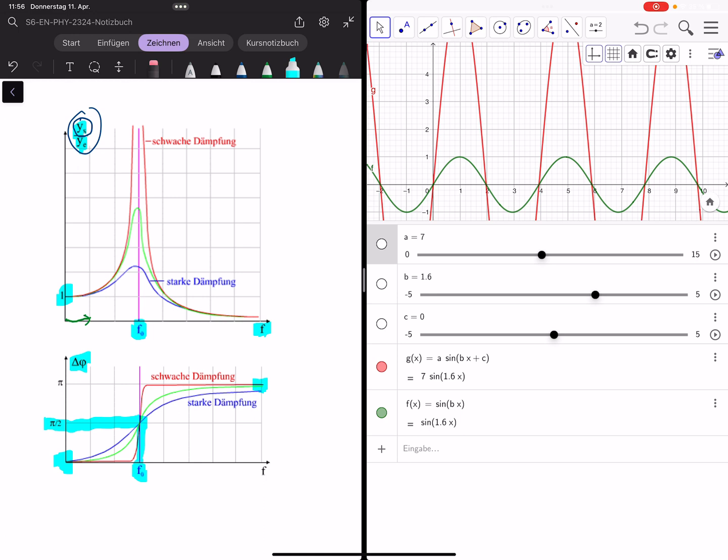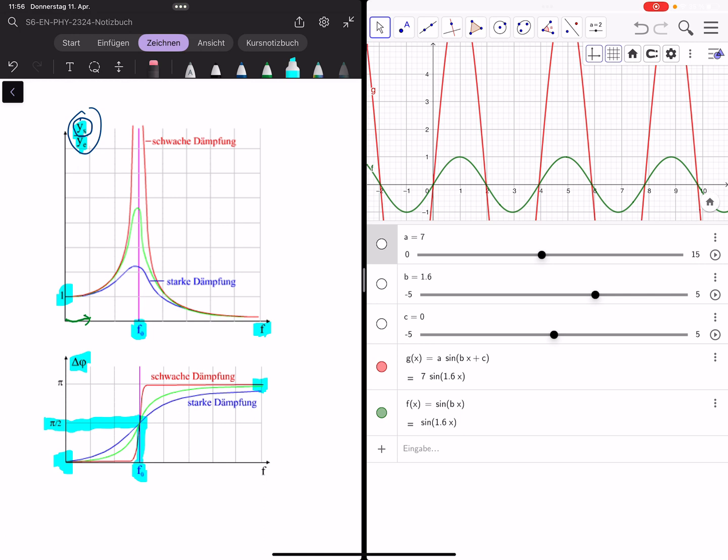So this is the moment where the swing accelerates, that's when we have to move our legs.